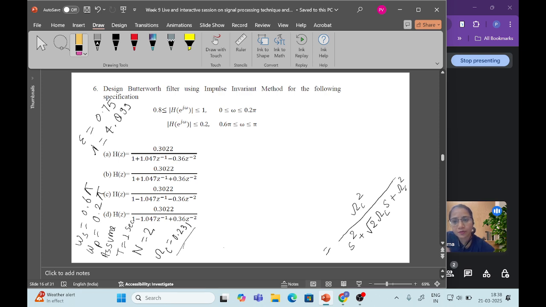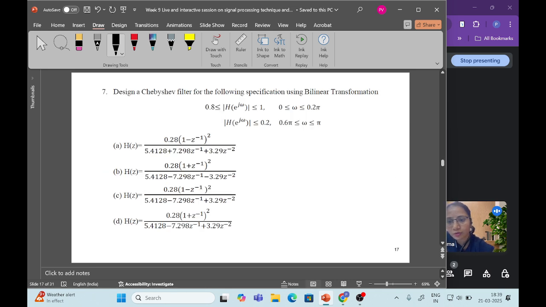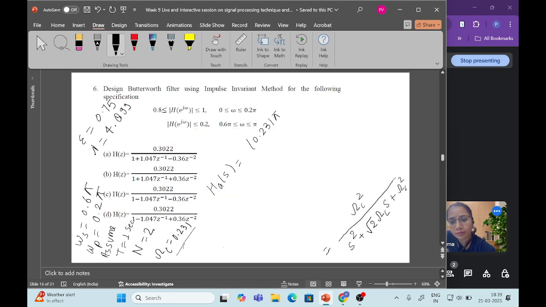Now put the value of omega c in all the equations and calculate. So Ha(s) is equal to (0.231 pi) square divided by s square plus root 2 into 0.231 pi s plus (0.231 pi) square.